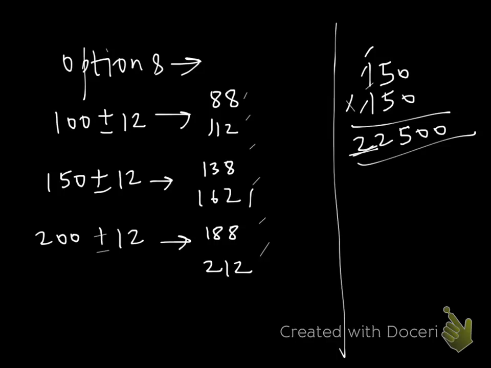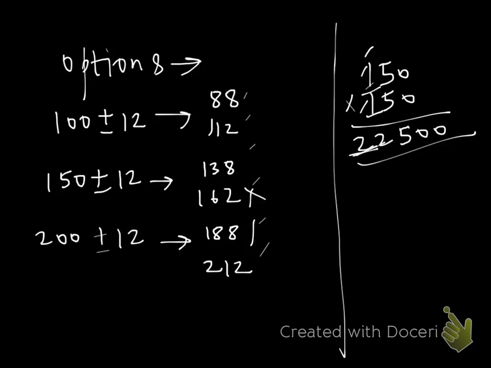We observe that the number cannot be more than 150, because as the numbers go beyond 150, 150 into 150 starts becoming 2. So whatever the answer is, it will be required to be less than 150.